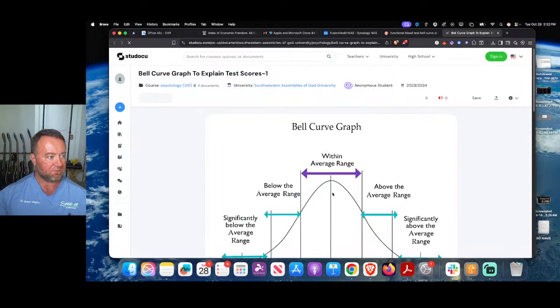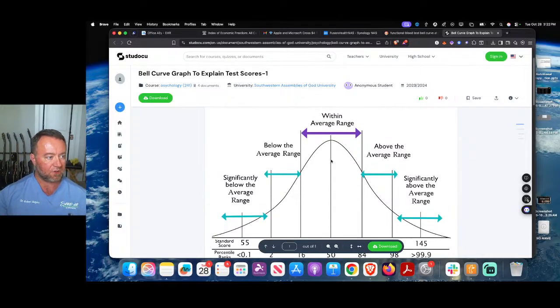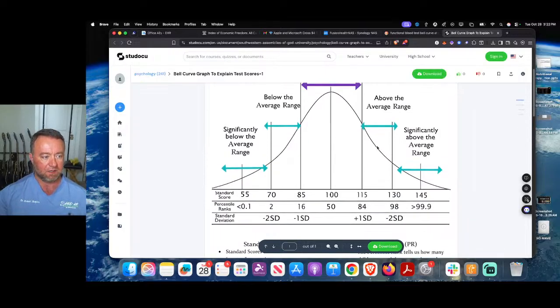So, look at this right here, this bell curve. This is talking about test scores, but this goes with anything that has ranges. So here's your average. This says average range, but think of it more as optimal range. And then this would be above the average range, but not critical. And this is below the average range, again, not critical.